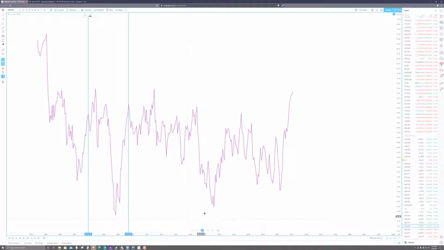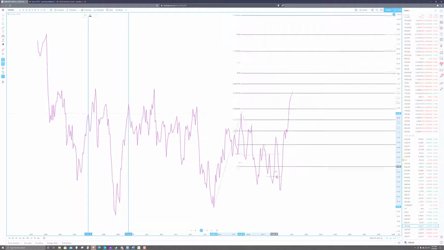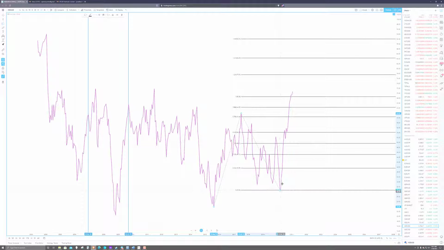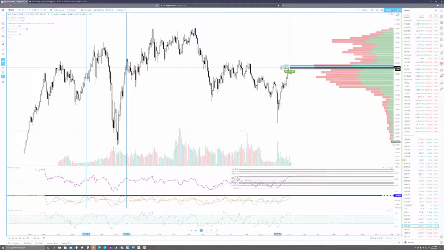I'm actually curious if we do a Fibonacci extension of these swings. Yeah, we have moved beyond the 100% extension. So this could be very much overdone. At the same time, just be aware that the Kiwi has been in a downside move for a while.